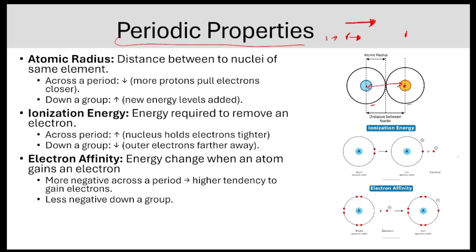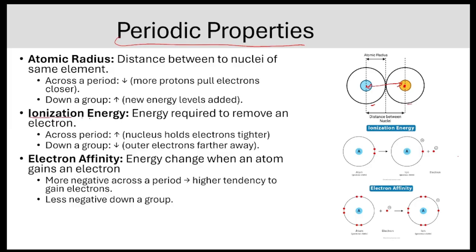Similarly, in the same group, if we go from top to bottom, down a group, the radius increases because we are moving from one energy level to a higher energy level, essentially increasing the distance between the nuclei of two bonding atoms.